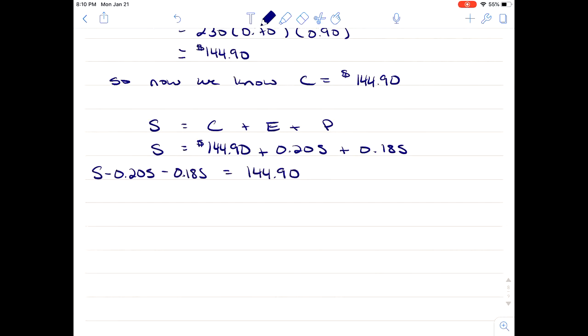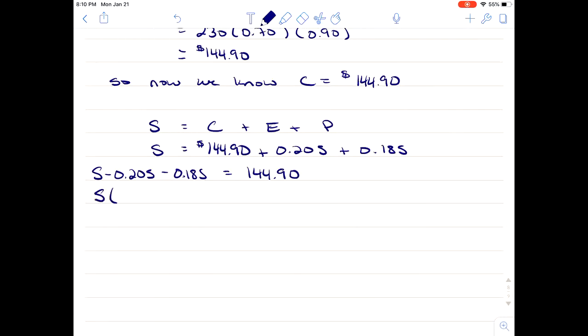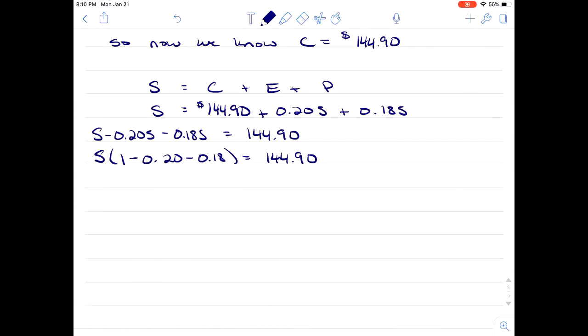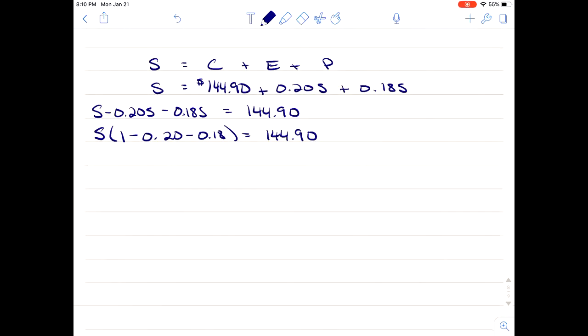Again, we can factor out the common S. So that's the same as S times 1 minus 0.20 minus 0.18 is 144.90. So 1 minus 0.2 minus 0.18, we've got 0.62S is 144.90.